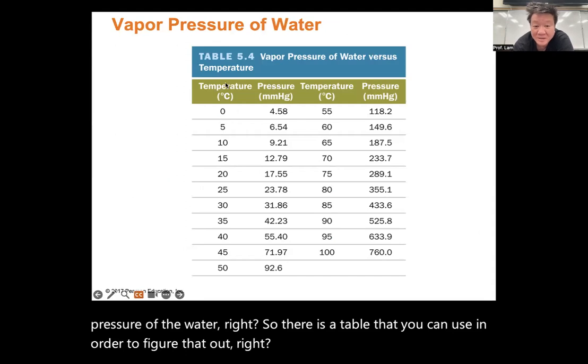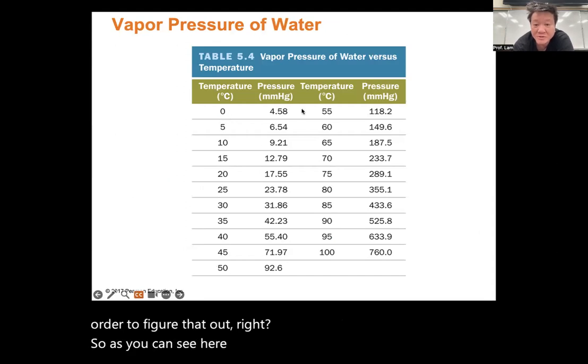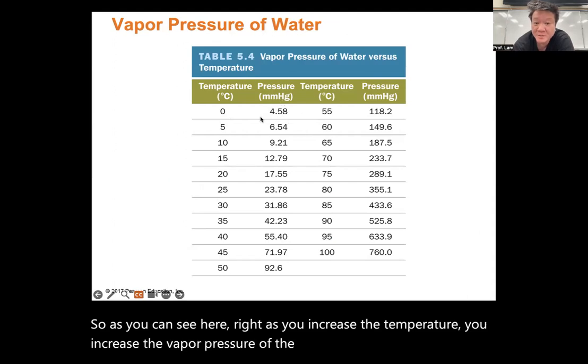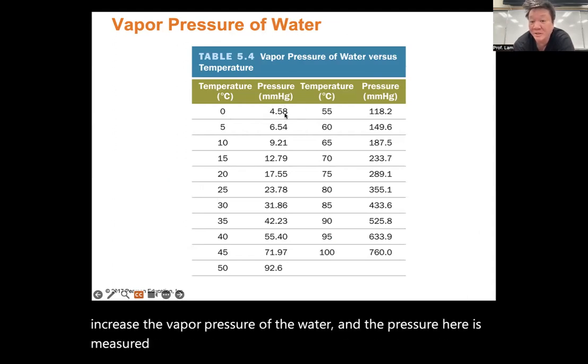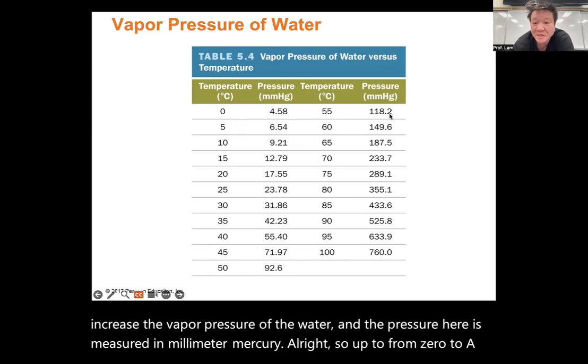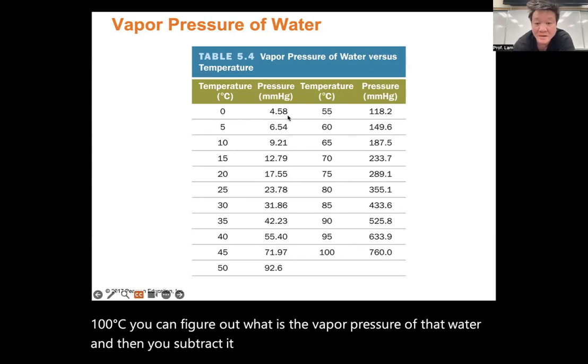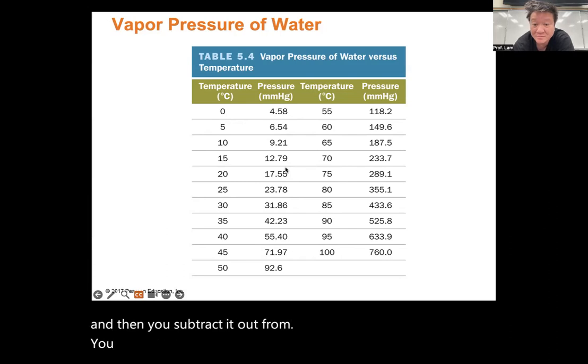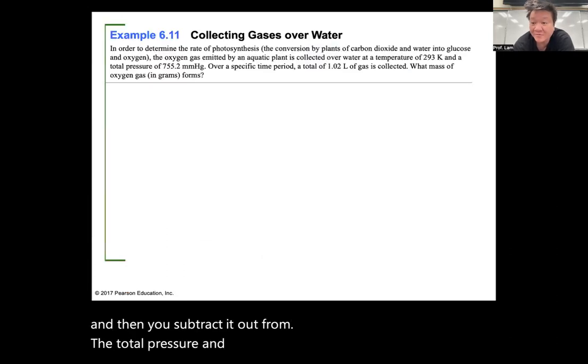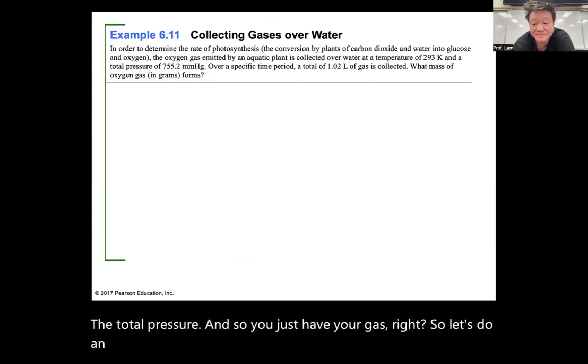As you can see, as you increase the temperature, you increase the vapor pressure, measured in millimeters of mercury. From 0 to 100 degrees Celsius, you can find the vapor pressure of water, and then subtract it out from the total pressure, and so you just have your gas. So let's do an example problem.